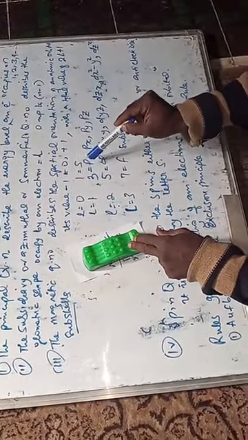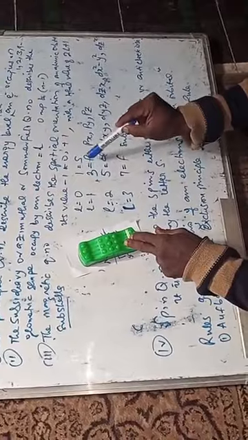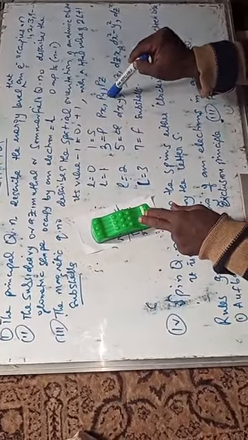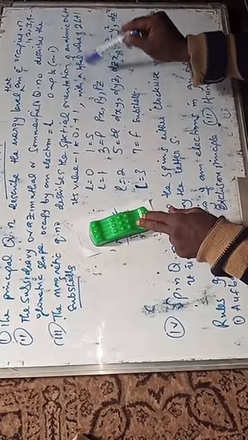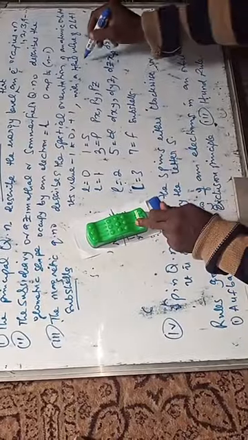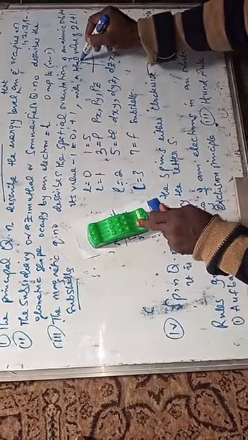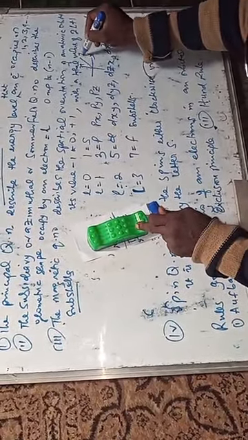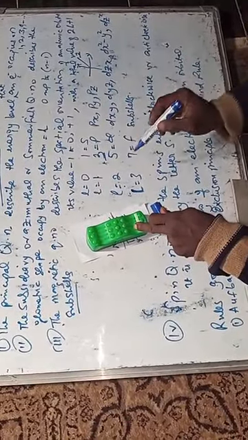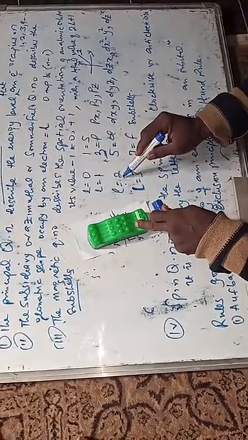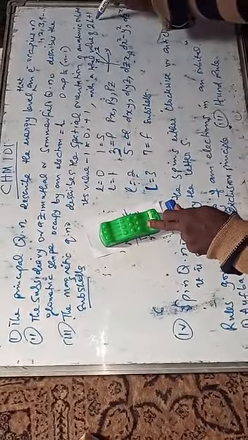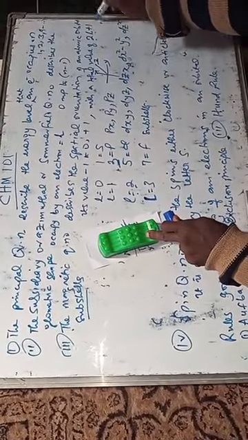That is the p orbital. We have the px, the py, and the pz, the Cartesian orientation x, y, and z. We have 3 types of p. When l is equal to 2, the magnetic quantum number will be 2 times 2, which is 4, plus 1, which is 5.